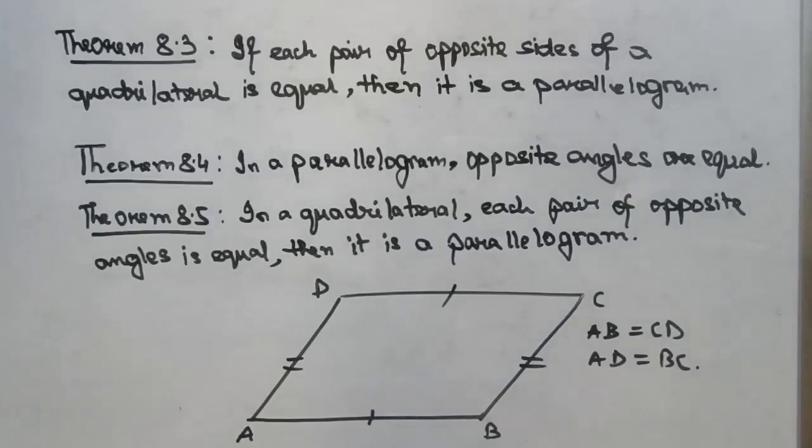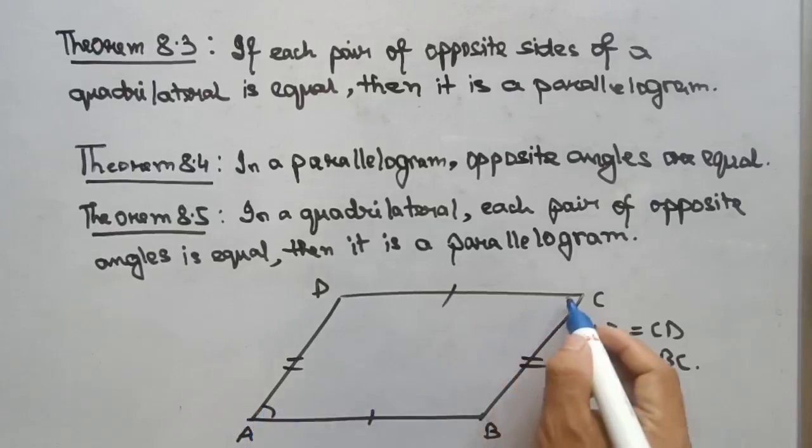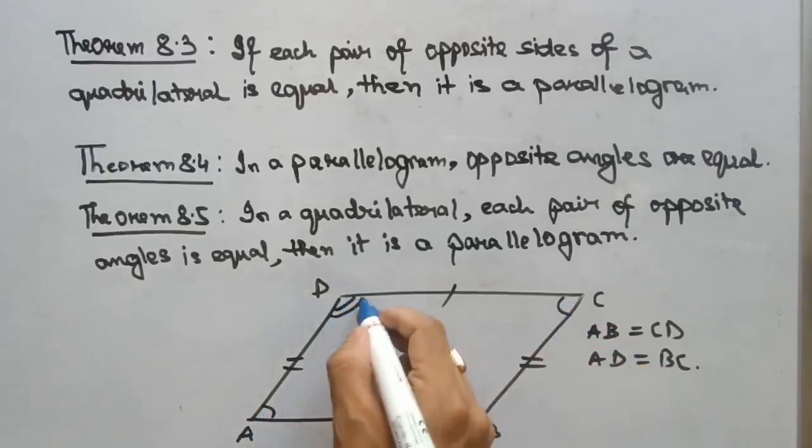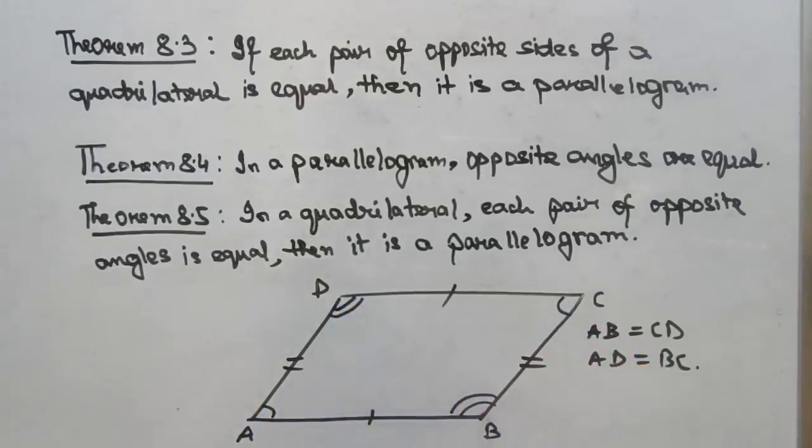Then theorem 8.4 says in a parallelogram, opposite angles are equal in measure.